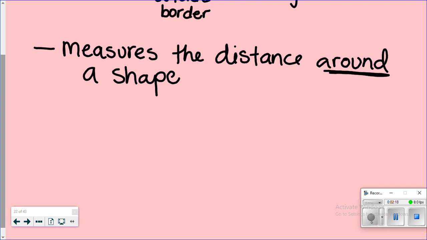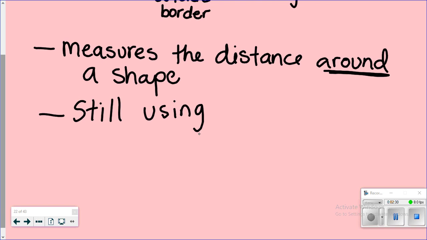When we're solving for the perimeter, we're still going to use tiling. Which basically means we can still count the squares. We're just not counting the squares on the inside. We're counting the squares now on the outside. So we're still using those squares, and we're still using our dimensions.